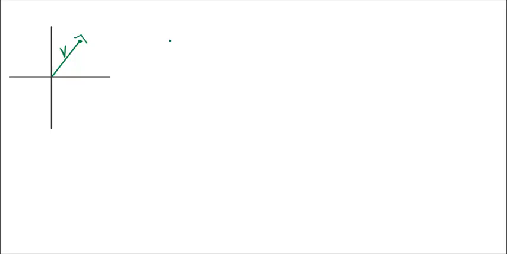All you have to do to write a unit vector in the direction of vector v is to simply take that vector and divide it by its magnitude. So if you're given a vector in component form, or if you find the component form of a vector, all you have to do is divide each part of it, the x direction and the y direction, by its magnitude, and you're going to get the unit vector.